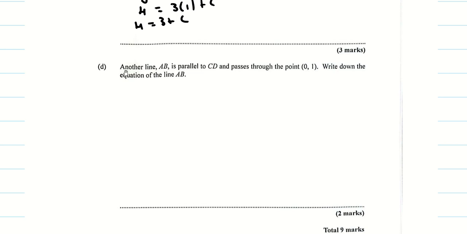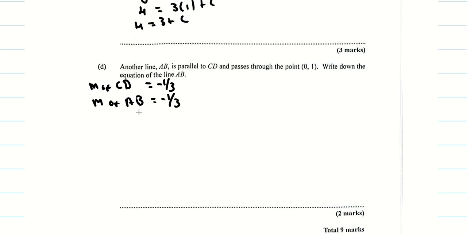Now, part D, another line AB is parallel to CD. Parallel lines have the same gradient. So this question is more of the knowledge that you have when they use certain rules. So if the gradient of CD is equal to minus a third, then your gradient of AB would also be negative a third.